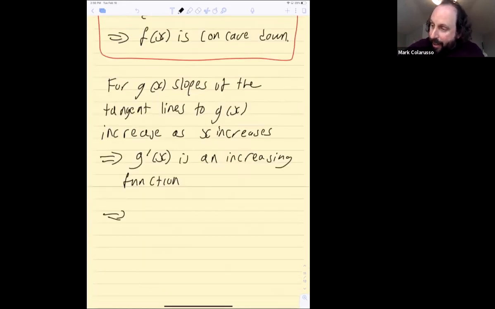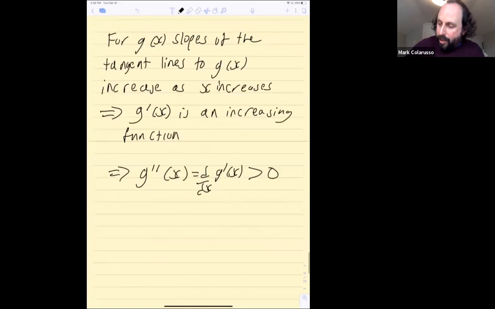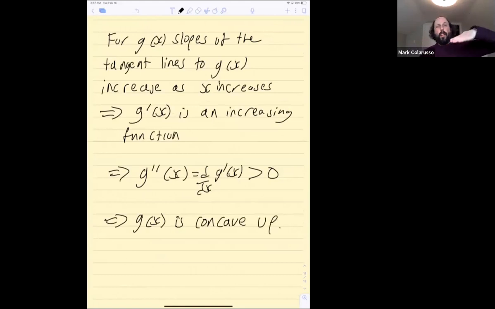And that implies that its derivative, which is the second derivative of g, is positive. And then we say g at x is concave up, because it's bending up as x increases.